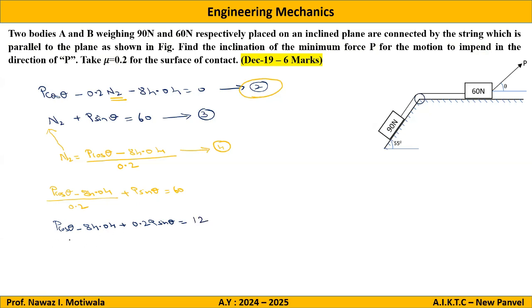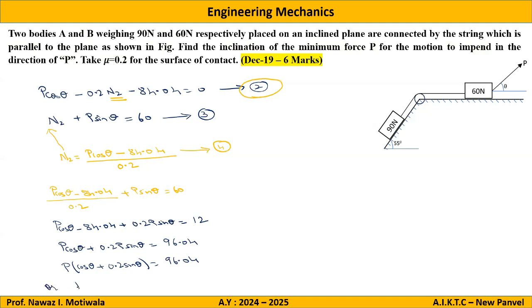Rearranging the terms again, I will get P cos theta plus 0.2 P sin theta is equal to 12 plus 84.04, which will come to be 96.04. Taking P common, I get P times (cos theta plus 0.2 sin theta) is equal to 96.04.